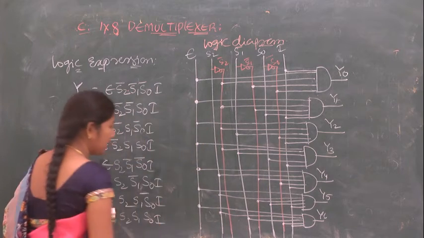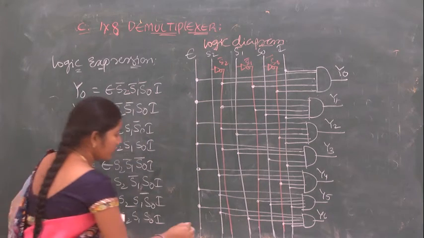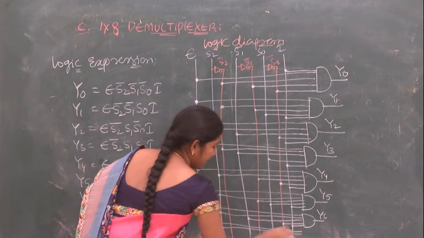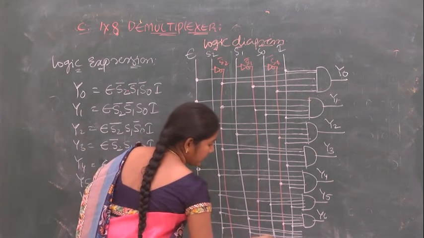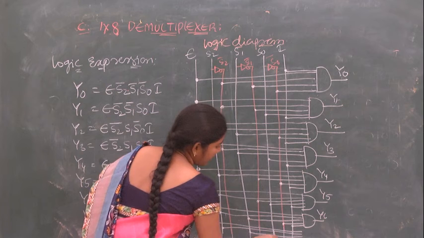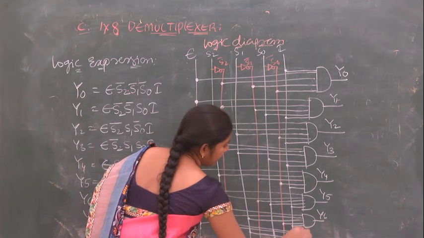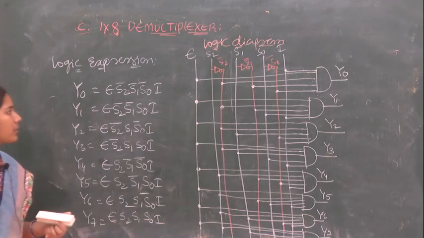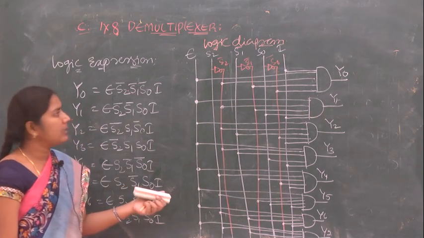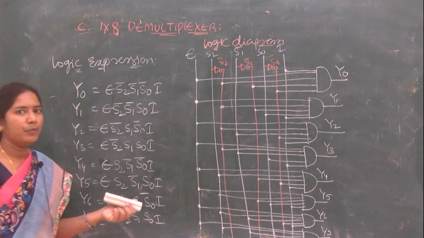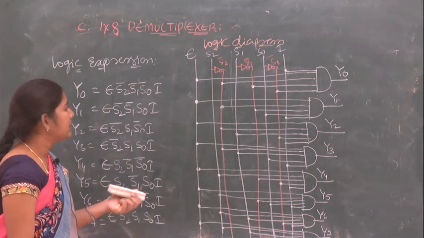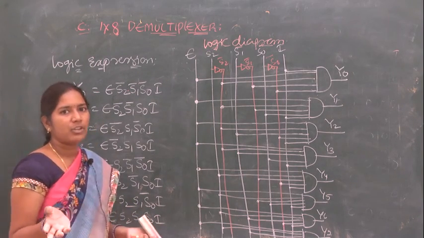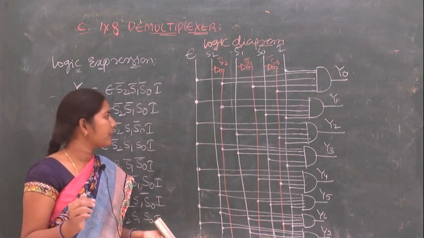Similarly, Y7 is E, S2, S1, S0 and I. Give it to one AND gate so that you will get Y7. Right? In this way, we can develop the internal logic diagram for the 1x8 demultiplexer. Okay. Similarly, we can develop 1x16 or 1x32 like that.